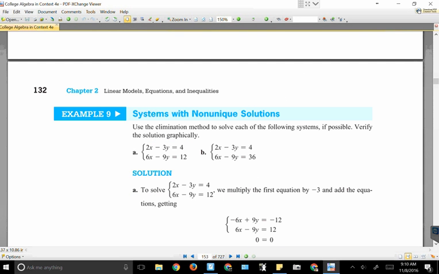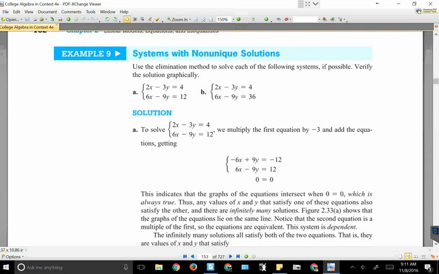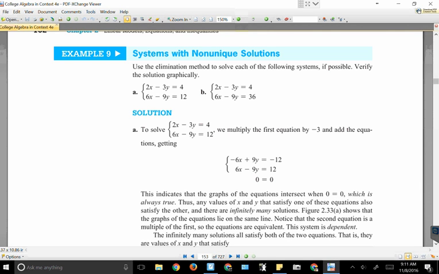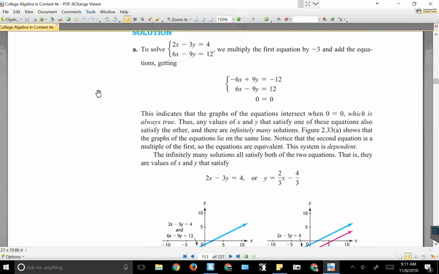So, now it says we're supposed to use the elimination method to solve these equations. So if I go through and do these, this first one works out to be 0 is equal to 0. Is that true? 0 equal to 0.